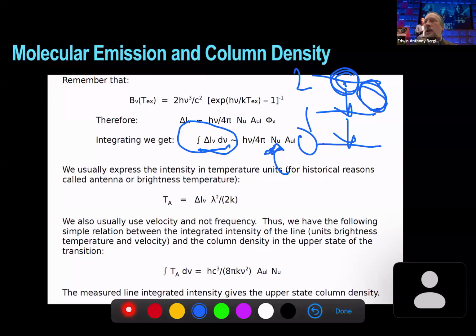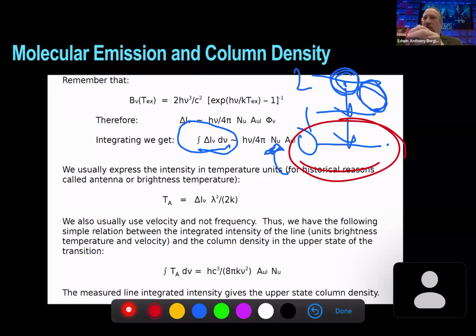So that's something, but what if the conditions are such that most of this molecule is sitting down here in this state. Then I've not measured the total emission of that molecule. And if I want to get an abundance, I need to correct for everything that I didn't observe.